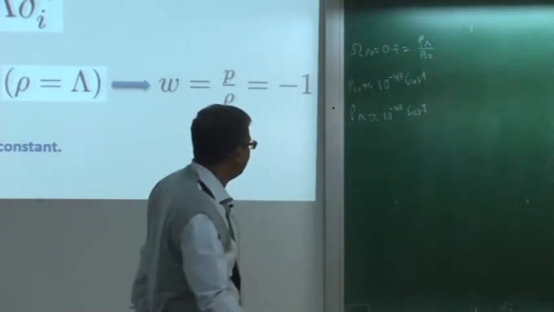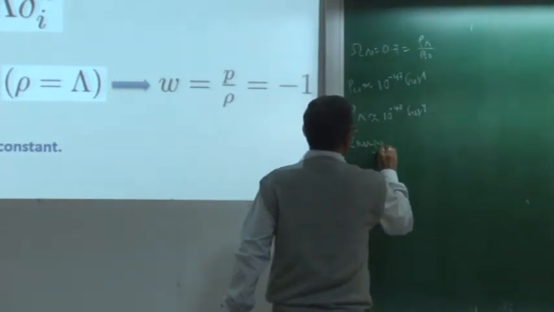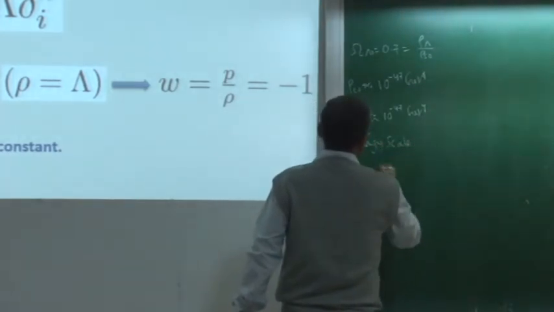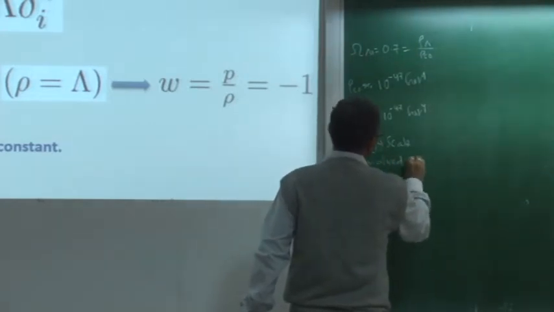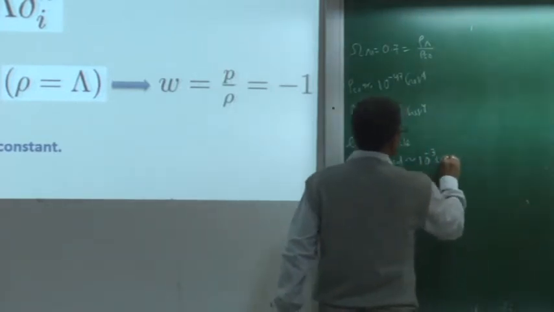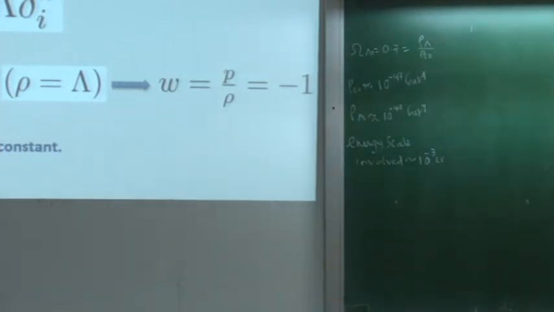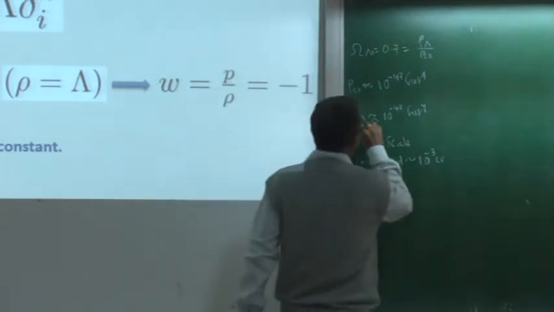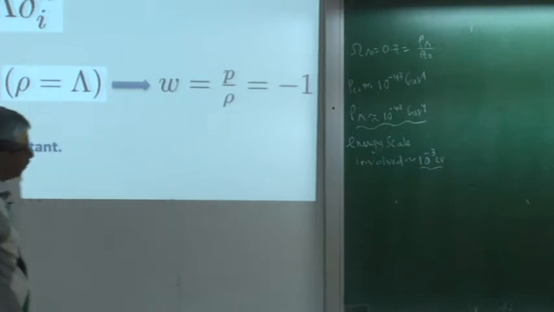Fine. So the energy scale that is involved is roughly 10 to the power minus 3 electron volts, or plus or minus, like 10 to the power minus 4, minus 3, something. So the energy density is of the order of this, and the energy scale involved is roughly 10 to the power minus 4.